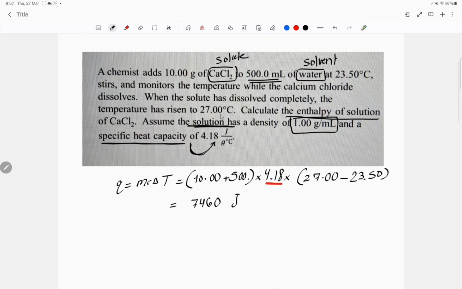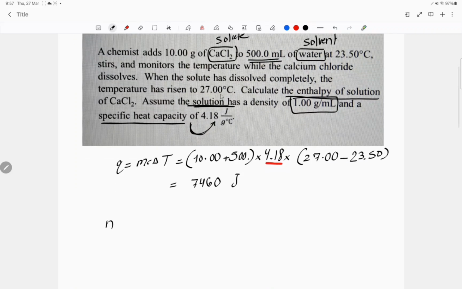Now, how about the n reaction, which is the moles of the limiting reactant? We only have a single reactant, which is the CaCl2. So try to find the moles from 10 grams of CaCl2. Divide by the molar mass, which we have to find.